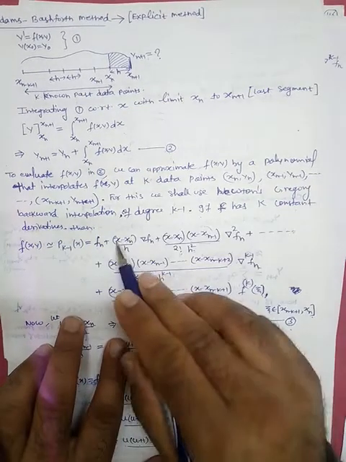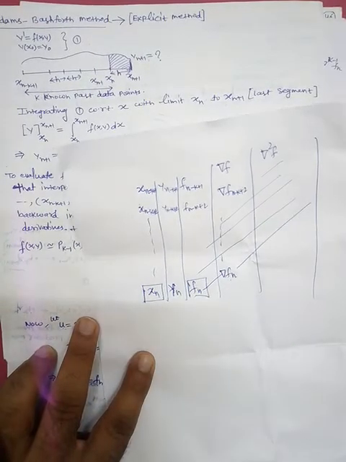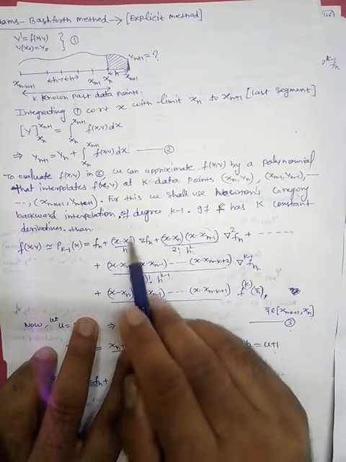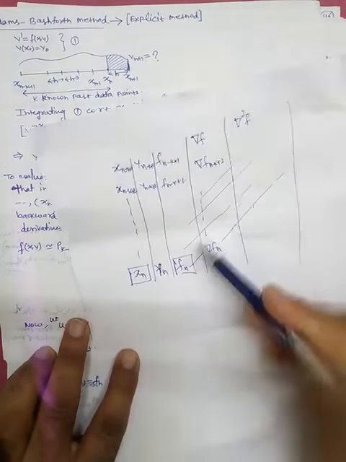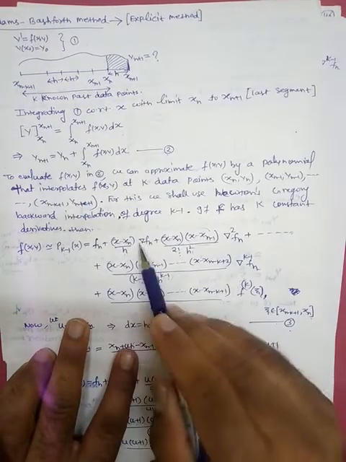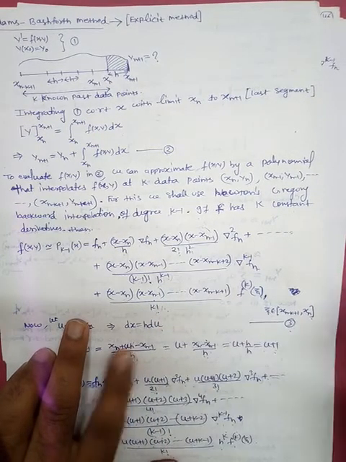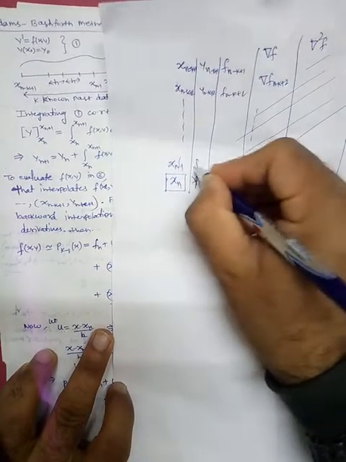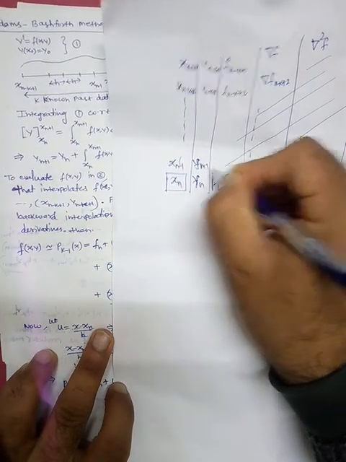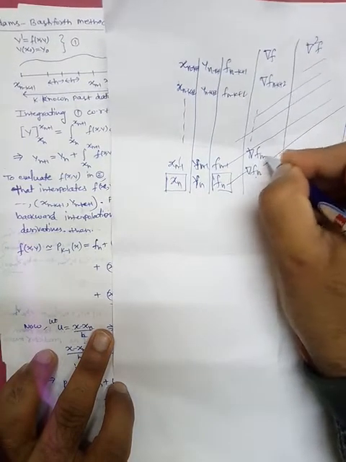Then x minus xn, because this will be the center point, the last point. So x minus xn upon h, times the first difference nabla f of n, plus then x minus xn, and then the previous point xn minus 1, with corresponding value yn minus 1, f of n minus 1, and this difference will be at f of n minus 1.